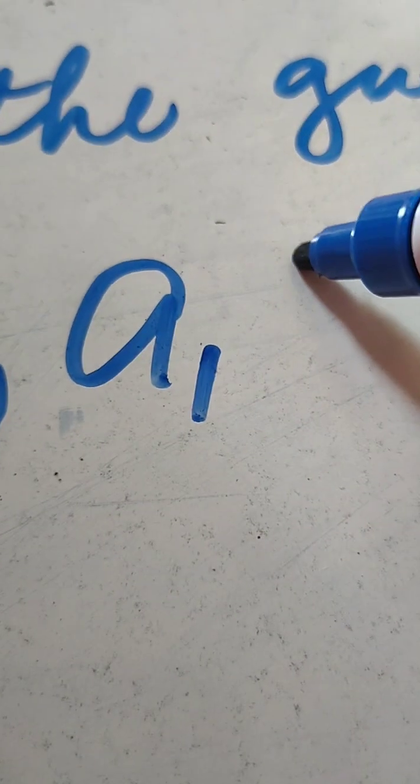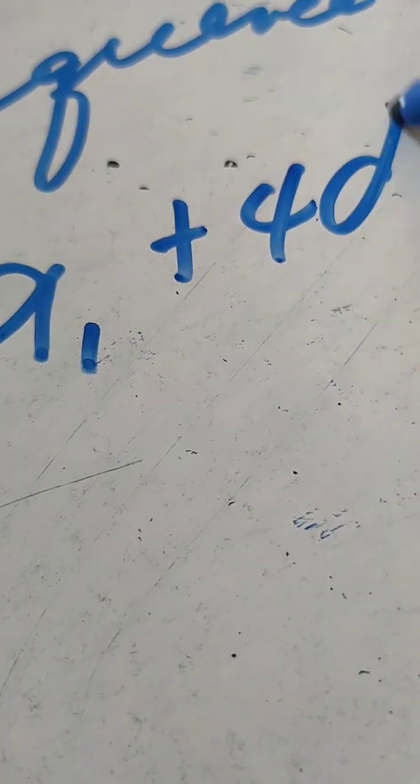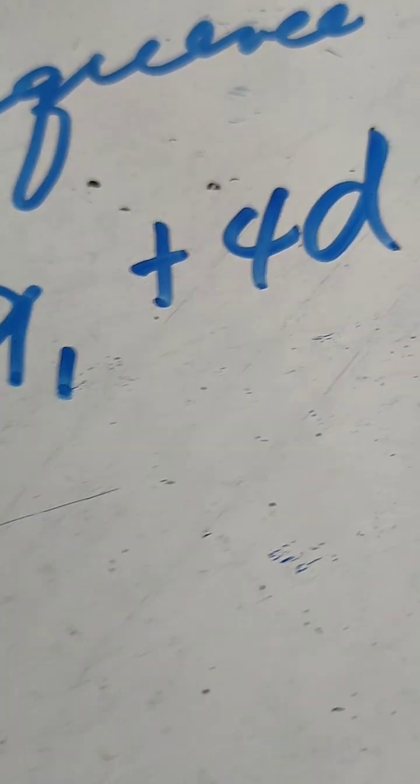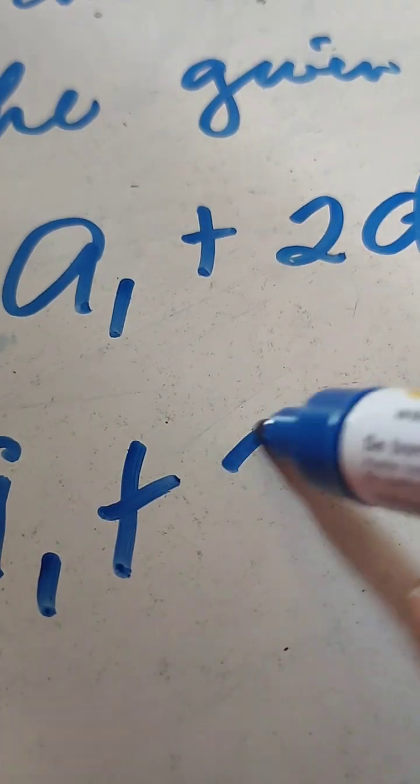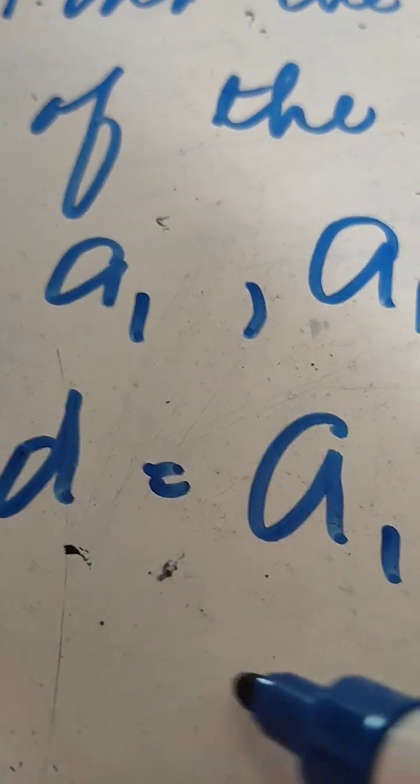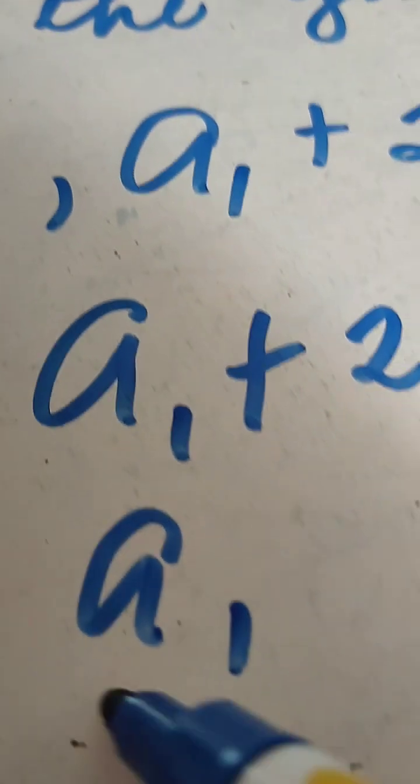First one is a sub 1. Next is a sub 1 plus 2d. Then a sub 1 plus 4d. Then a sub 1 plus 6d. Okay, the first difference, d, is equal to a sub 1 plus 2d minus a sub 1.